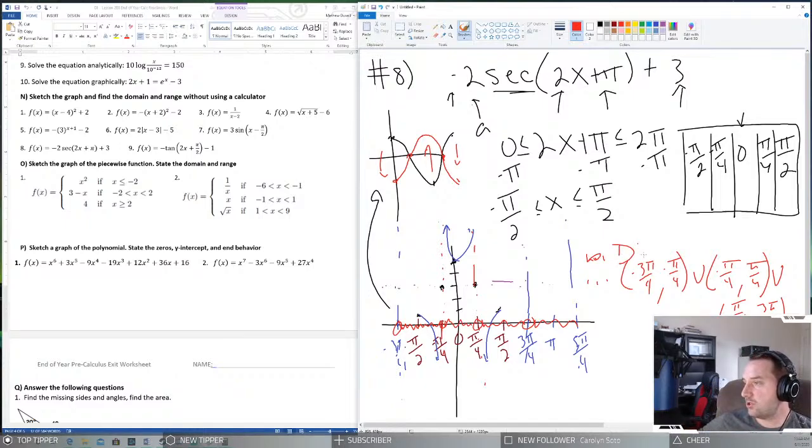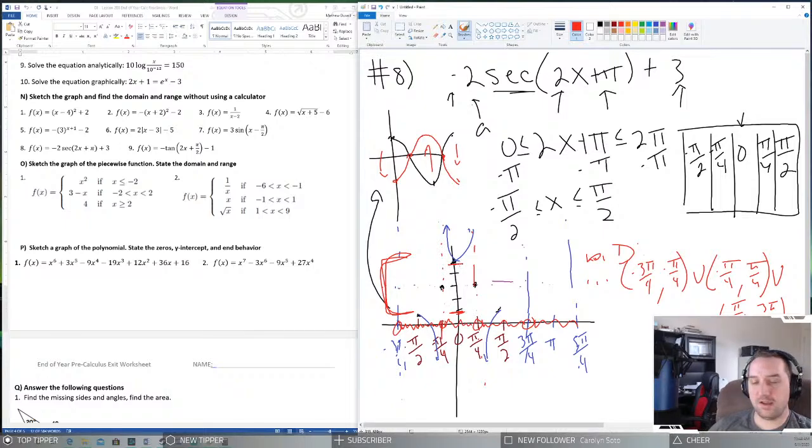And then the range for this one, it seems like there's a gap in between here to here. So there's no graph in between those values. So it'll be from negative infinity to negative 1, union, and then 1, 2, 3, 4, 5.